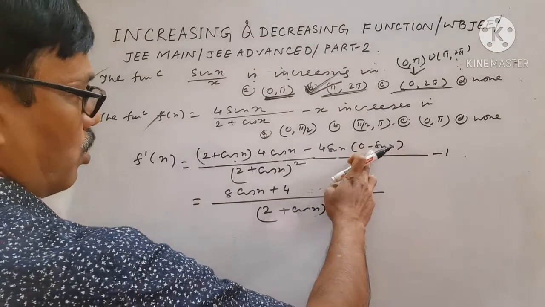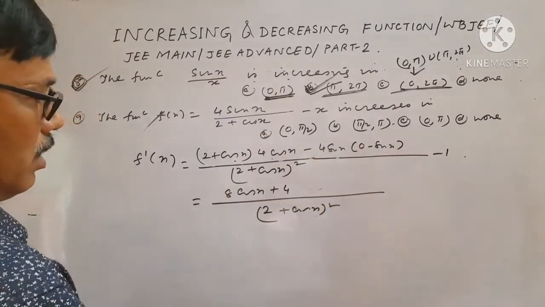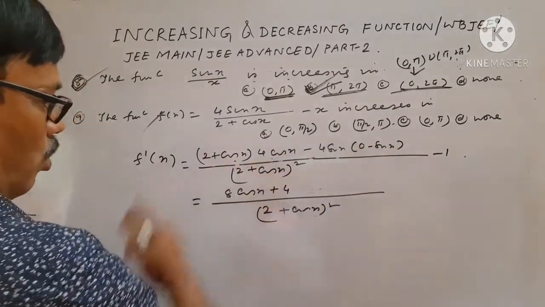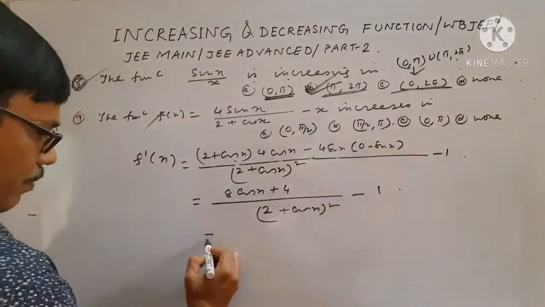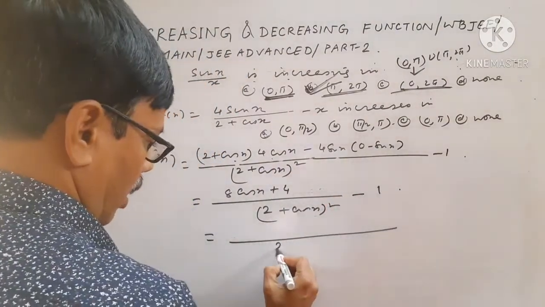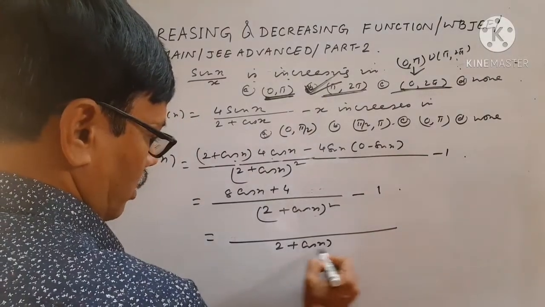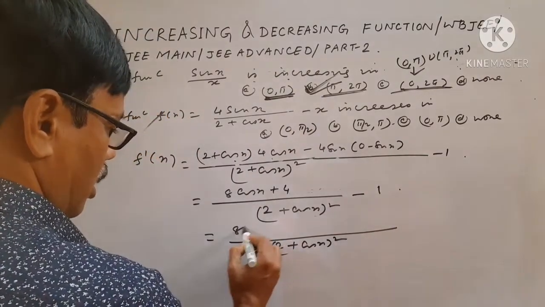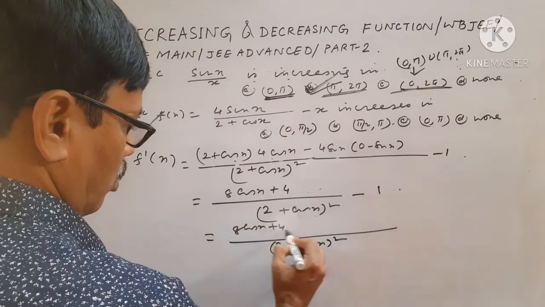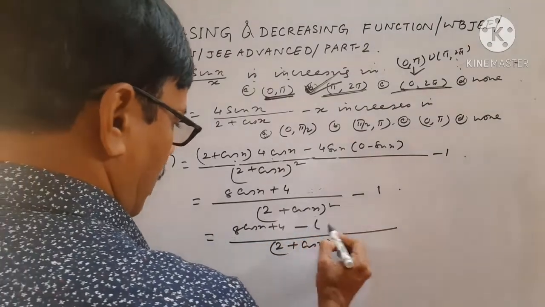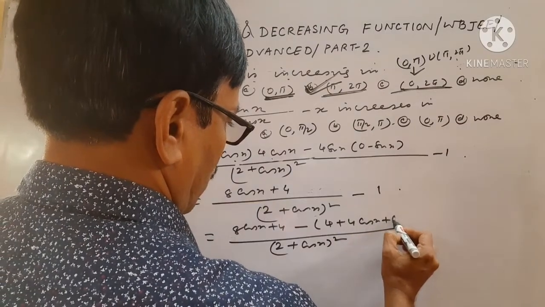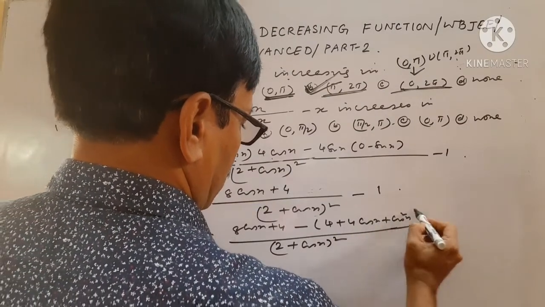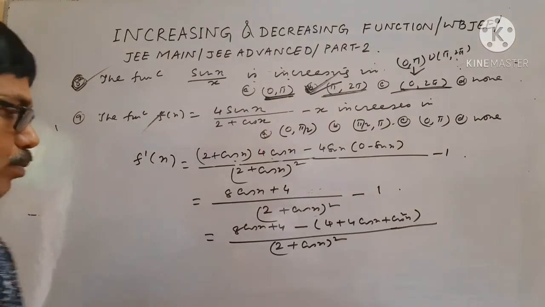So this is 4 sin square x and this is 4 cos square x. So if we simplify, over (2 plus cos x) whole square, 8 cos x plus 4, minus 4 plus 4 cos x plus cos square x. Expanding.